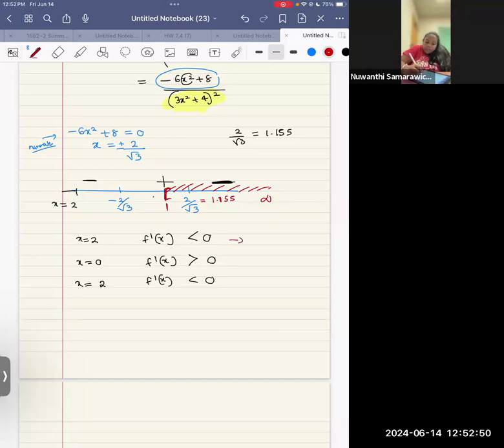Here f is decreasing, here f is increasing, here f is decreasing. So you see we have both increasing and decreasing parts here. So f is not decreasing in this whole interval 1 to infinity.